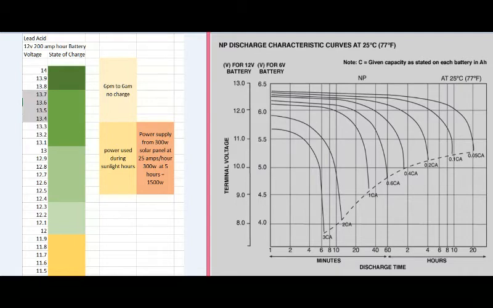And that's the reason you need to know how much power your refrigerator uses. Because say your battery is fully charged, the charge state is full, when the sun goes down, you need to know what that charge rate of the battery is up to the point where the sun comes back up.